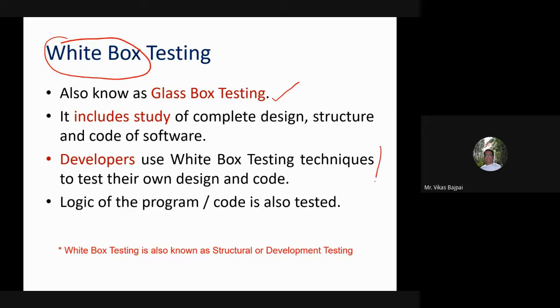And developers use the white box testing technique to test their own design and code. So my own design and code will be tested. Additionally, I'll also look into the logic of the program, and I'll be testing the same.